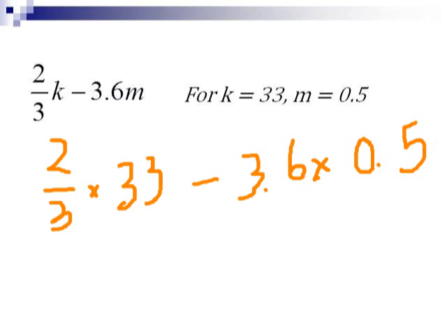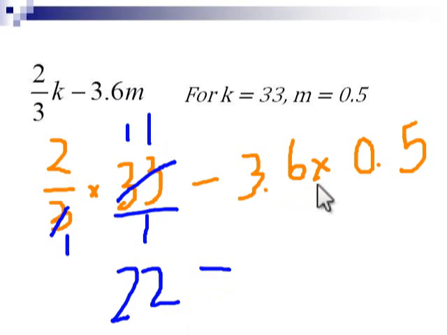So when we multiply our fractions, we have to put 33 over 1. We can cancel. Remember that from our fractions lesson. 3 divided by 3 is 1. 33 divided by 3 is 11. So then we're going to do 2 times 11 is 22.